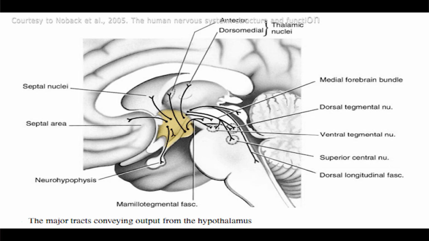First is the backward and downward signaling to the brainstem, mainly into the reticular areas of the mesencephalon, pons and medulla, and from these areas into the peripheral nerves of the autonomic nervous system. Next is the upward signaling toward many higher areas of the diencephalon and cerebrum, especially to the anterior thalamus and limbic portions of the cerebral cortex.